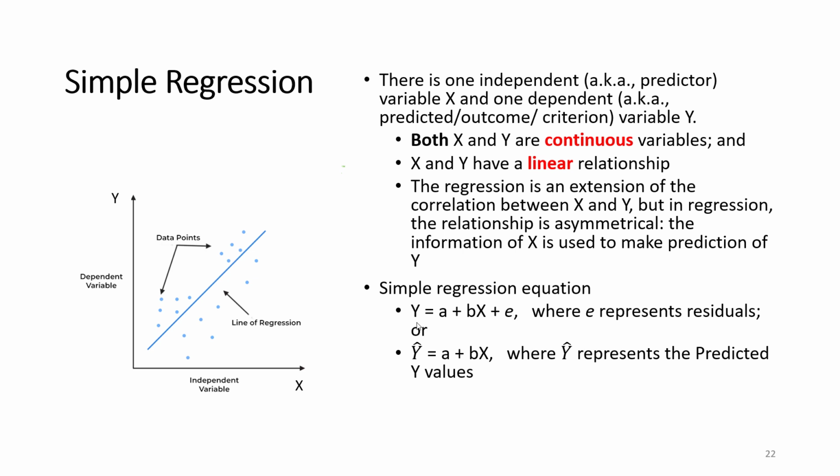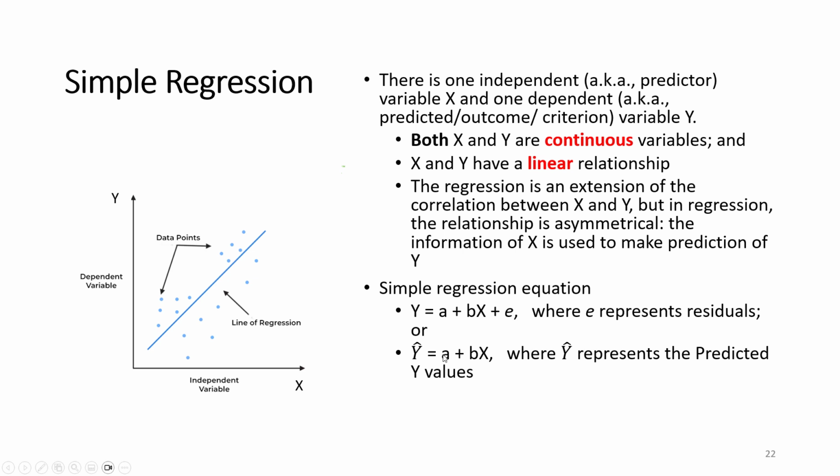Simple regression is expressed as a mathematical linear equation in the format where the predicted y value equals a plus b times x. Here, x is the independent variable and b is the regression coefficient. You may know it as the slope.